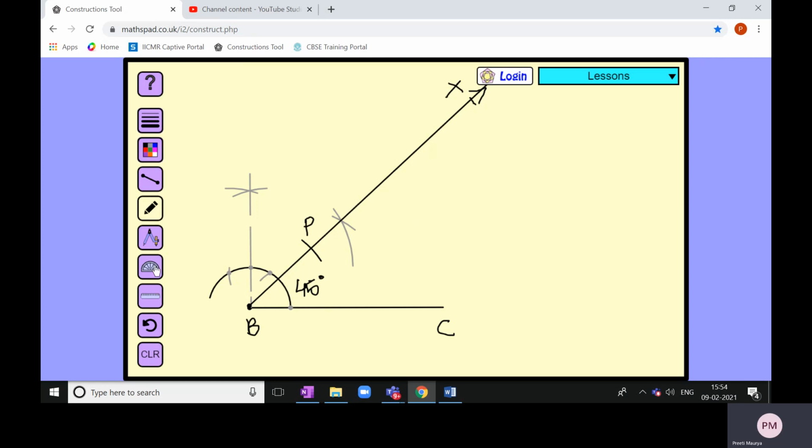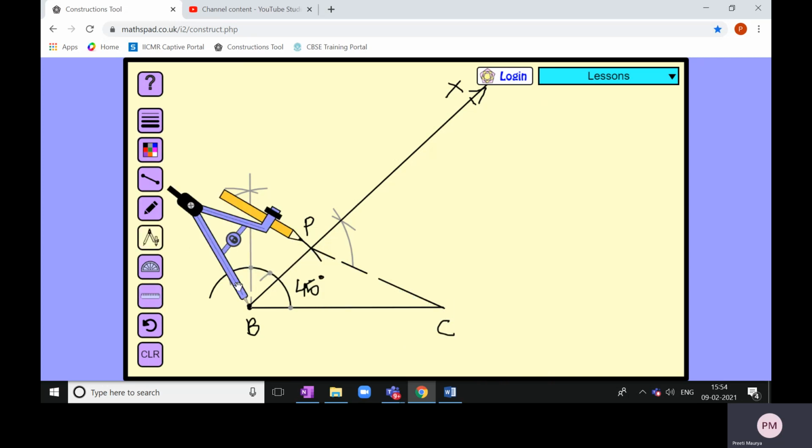Let us join PC, and draw the perpendicular bisector of PC. So here I'm trying to join PC. We join point P to C, and we will draw the perpendicular bisector of this line. We all know how to draw the perpendicular bisector of a line segment.